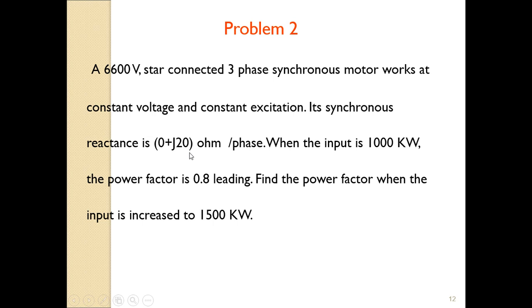Synchronous reactance is denoted with XS. And the input he has given as 1000 kilowatts, that is root 3 VL IL cos phi is equal to 1000 kilowatts, and the given power factor cos phi is equal to 0.8 leading. Find the power factor when the input is increased to 1500 kilowatts. This is the new input.